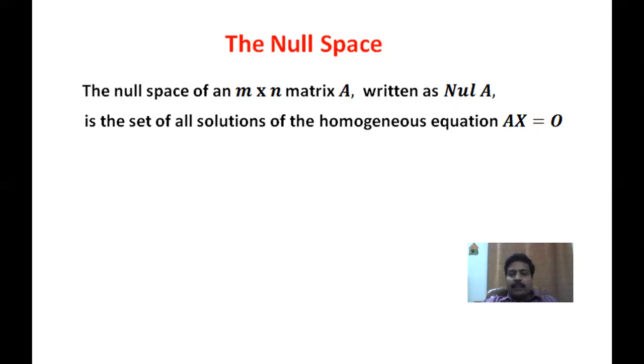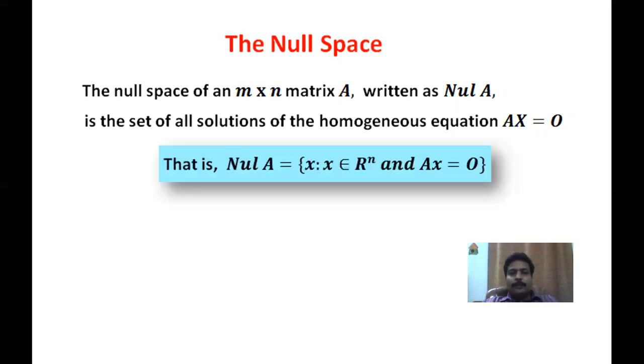So null space A will give us the solution set of the homogeneous equation Ax = 0, where the given homogeneous system is converted into matrix form. We will get this form Ax = 0, where A is the coefficient matrix. Then null A will give us the solution set for the given homogeneous equations.